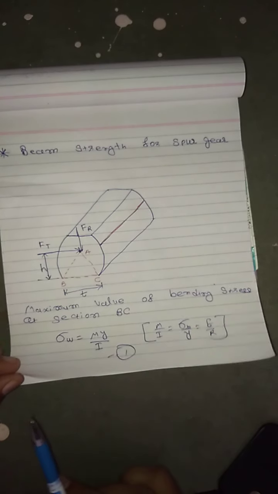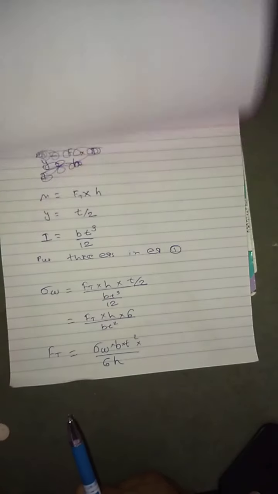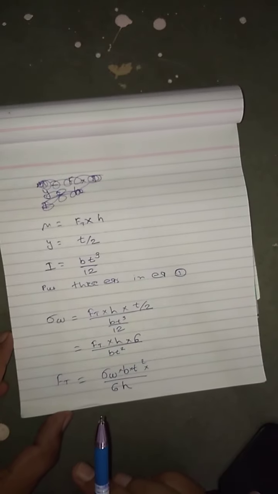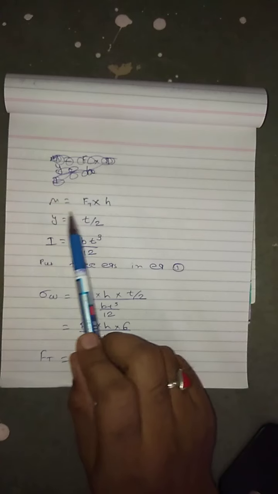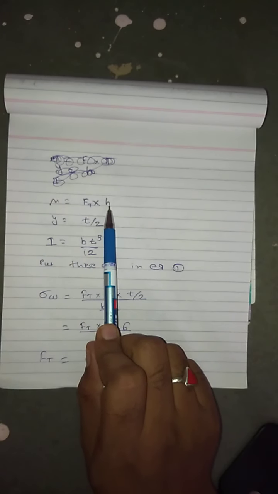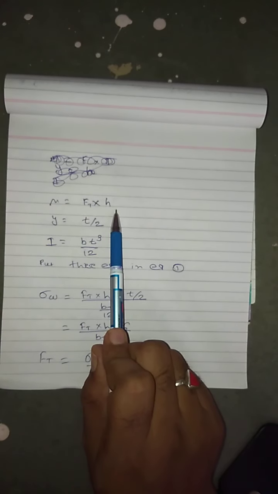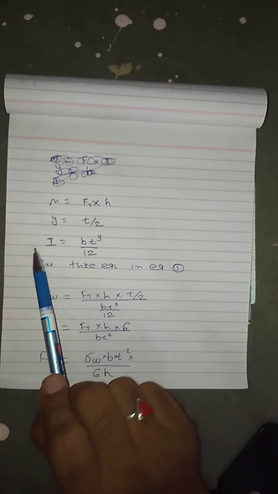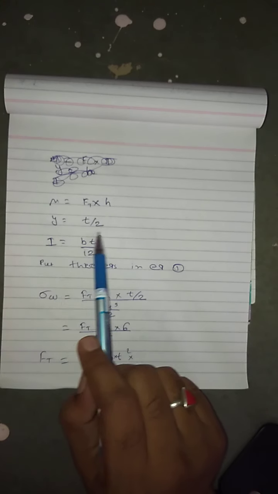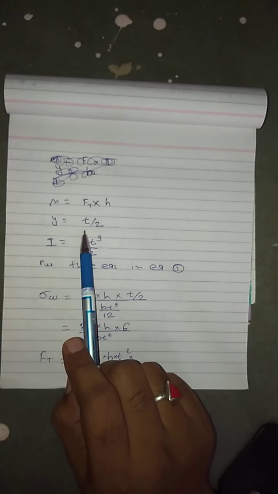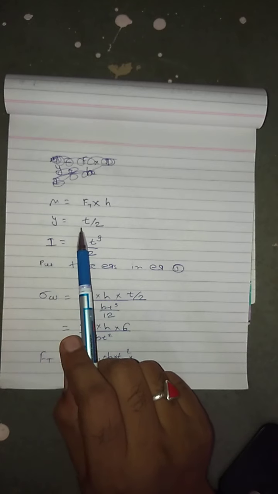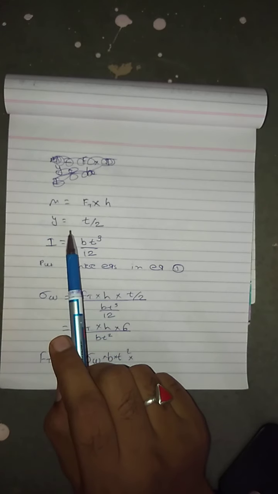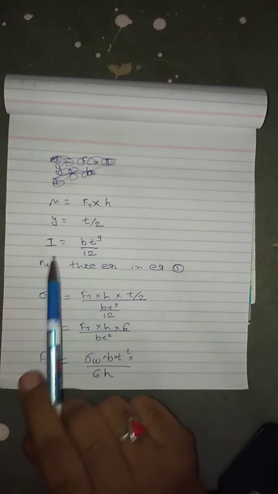From the figure we can easily identify that M is equal to Ft into h, force into distance from the reference axis, and y is equal to t by 2. t is the thickness of tooth, and t by 2 is the distance from the reference axis to the center.